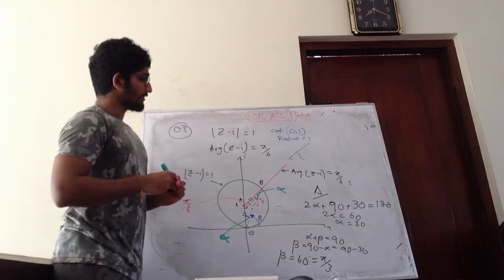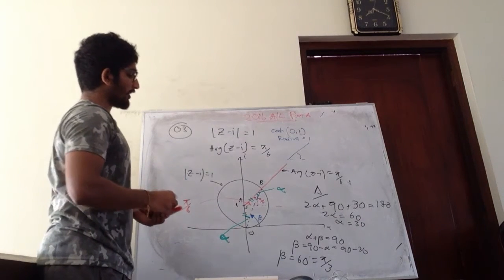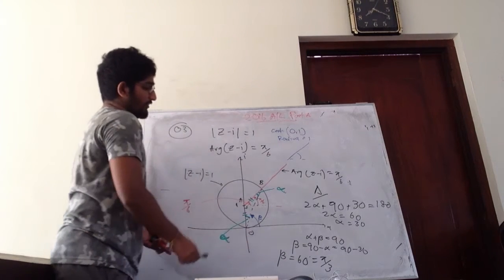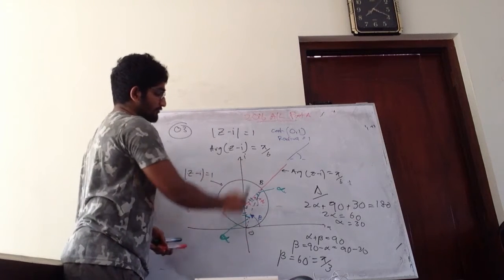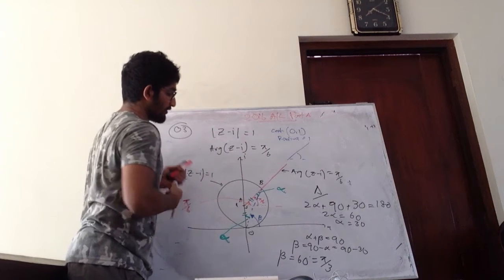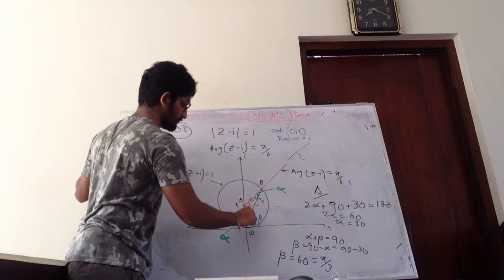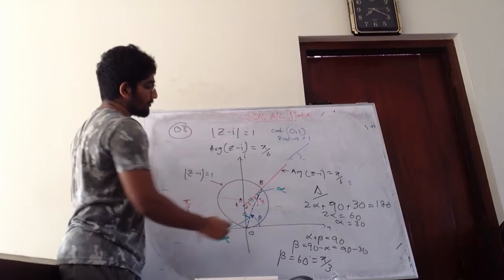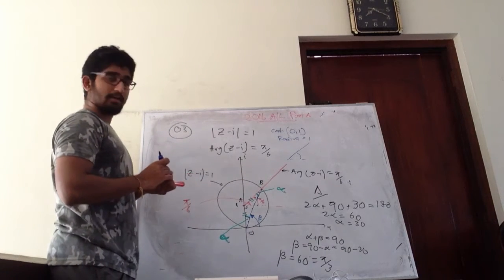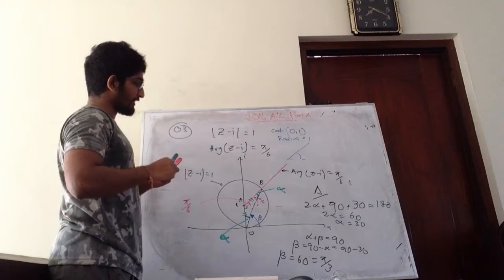So that is done. I found the beta value. Now I need to find the OB value. So write this down, then let's find the OB value.